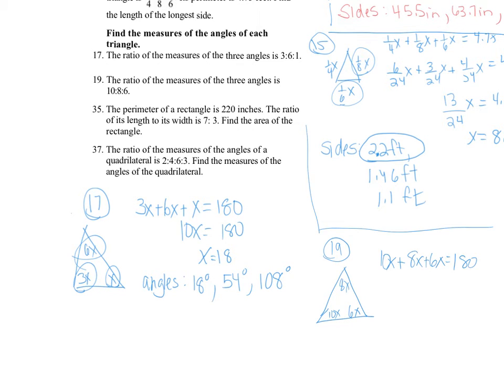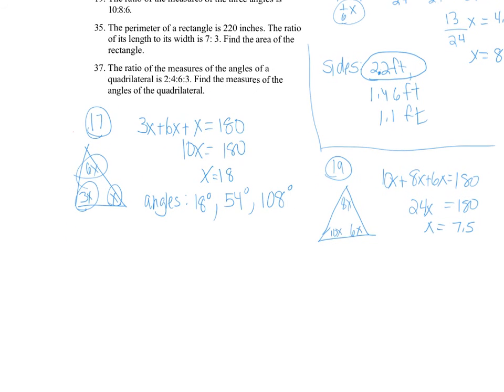When I combine like terms, it's going to be 24x is equal to 180. If I divide that out, x is going to be equal to 7.5. And it asked me for the angles, so I need to find all of those now.